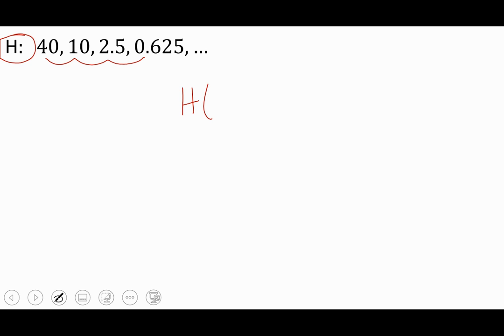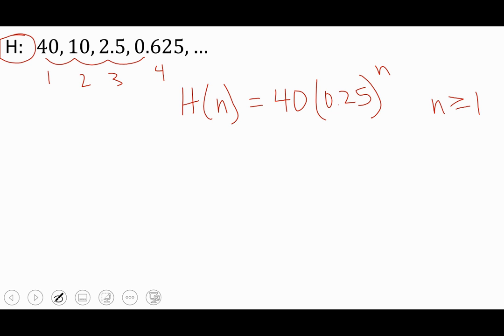So our definition for the nth term is H of n equals that starting beginning term, and then it's being multiplied by 0.25 over and over and over, which is why we use an exponent. And we already stated that this was term 1, 2, 3, and 4. And so the domain is n is greater than or equal to 1.